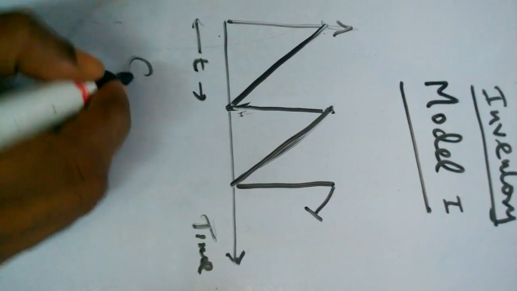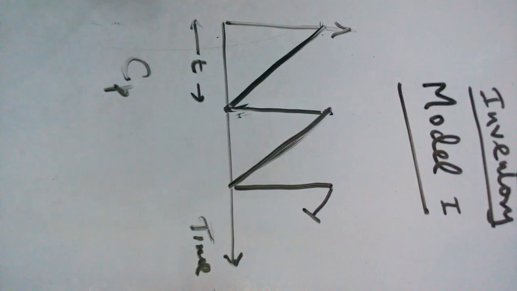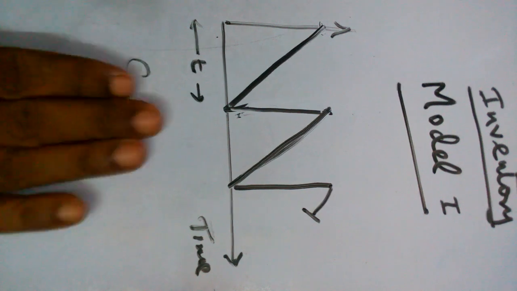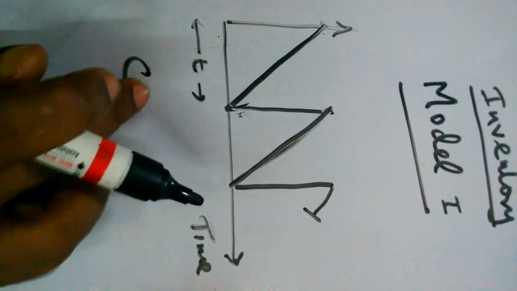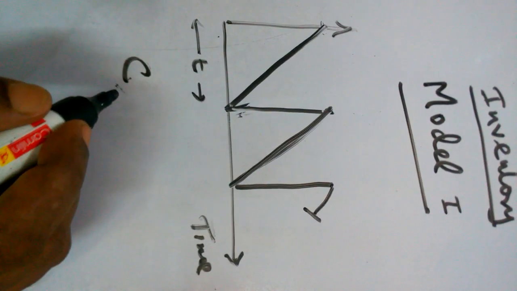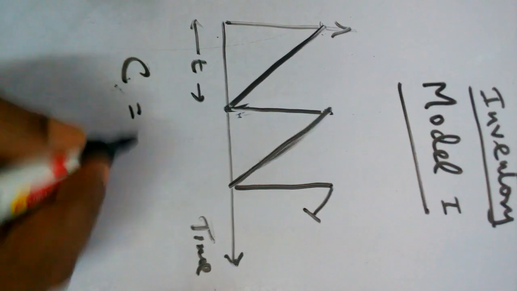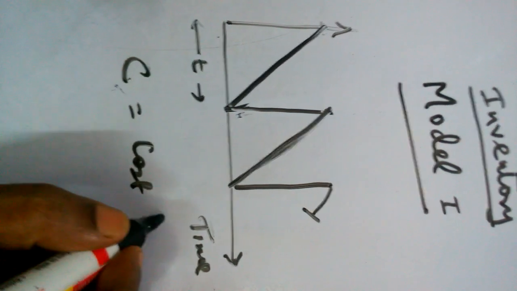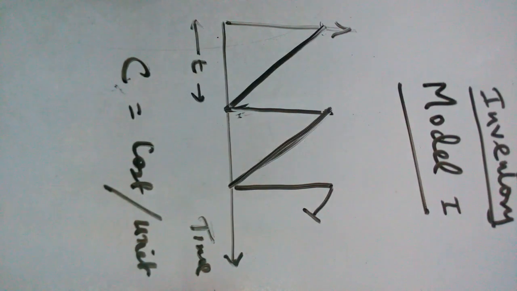First of all, C, sometimes we write CP also, or C means the purchase cost. How much cost we are spending for purchase. C, purchase cost, that is fixed per unit. This is per unit cost, per unit, very important, per unit.